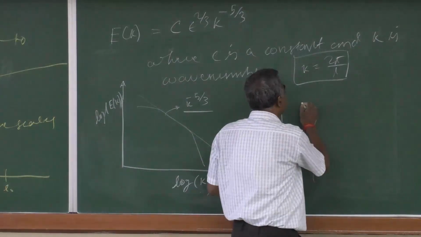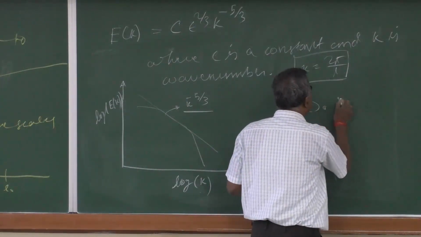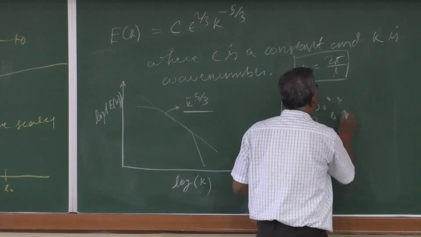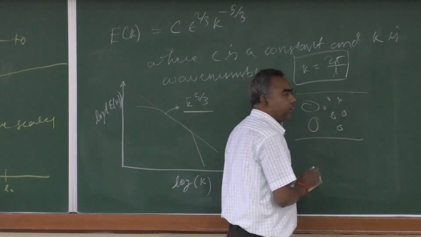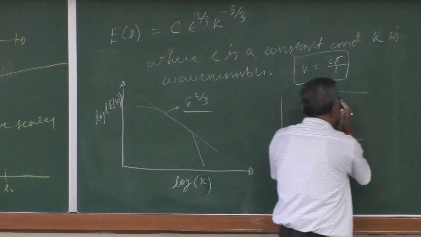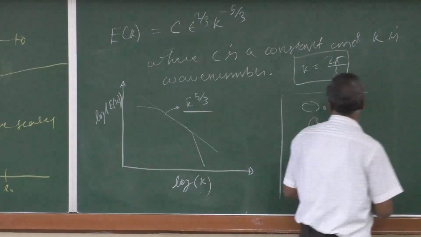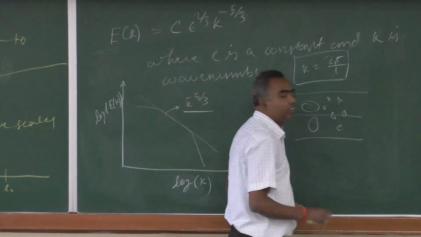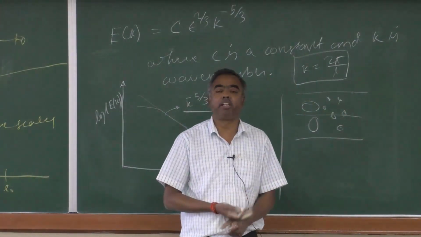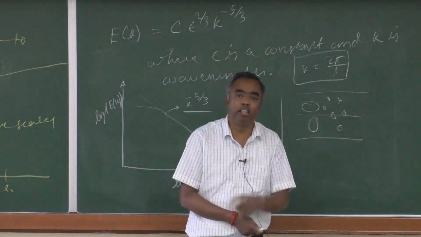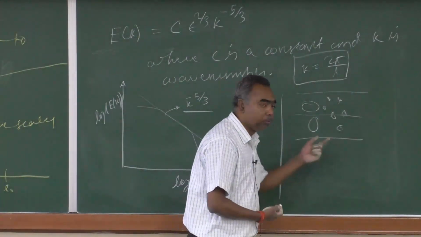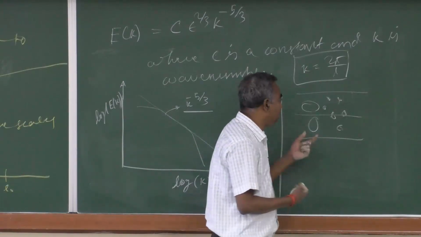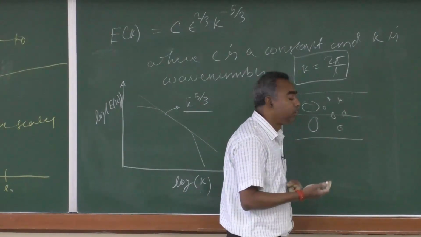For example, some turbulence scales are there, let us say these are the turbulence scales in a flow, and if we consider they are not doing anything, they are just convecting with the flow, okay. So, if you have a spatial series, that spatial series can be converted into time series, or if you have a time series, the time series can be converted into a spatial series using the Taylor hypothesis, okay. Taylor hypothesis is frozen turbulence, okay.